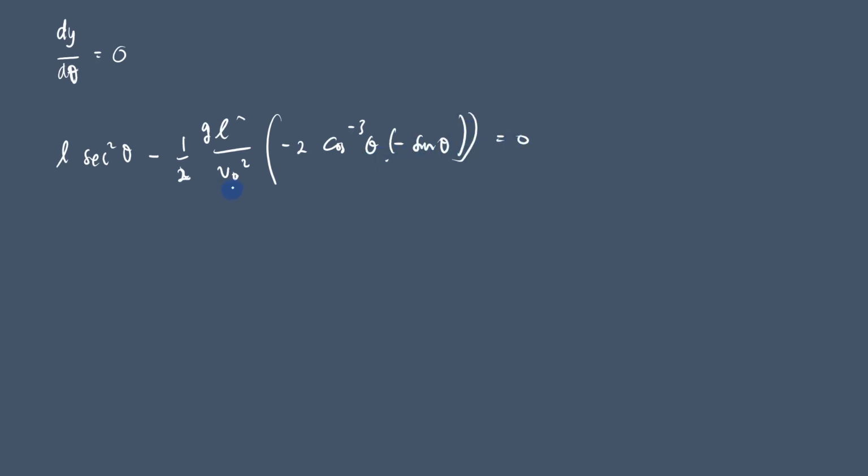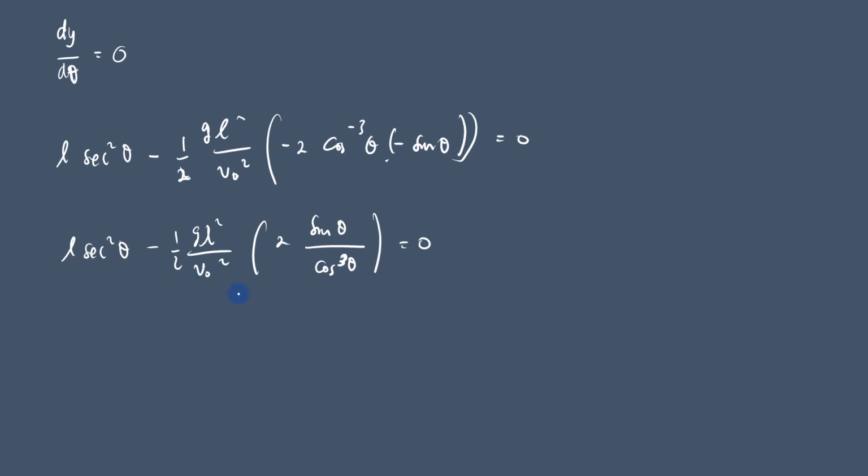Okay, and we can simplify this term: g L² over V0² times 2 sin θ divided by cos³ θ equals 0.